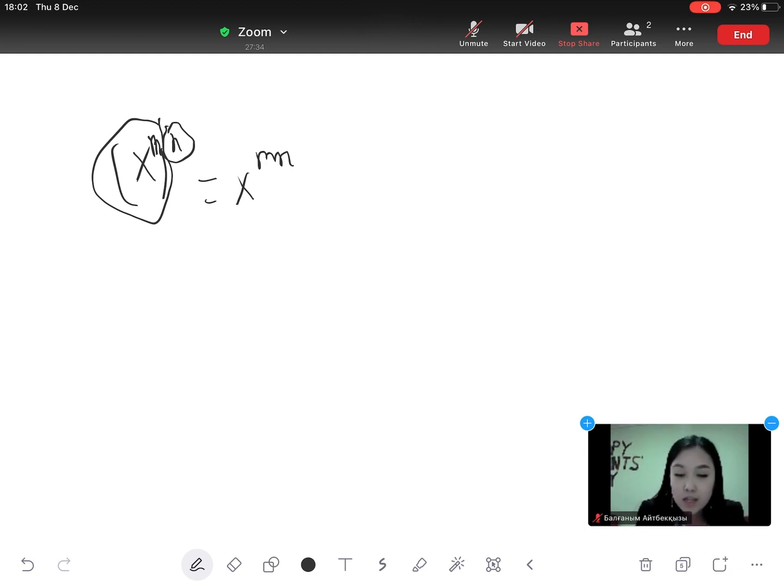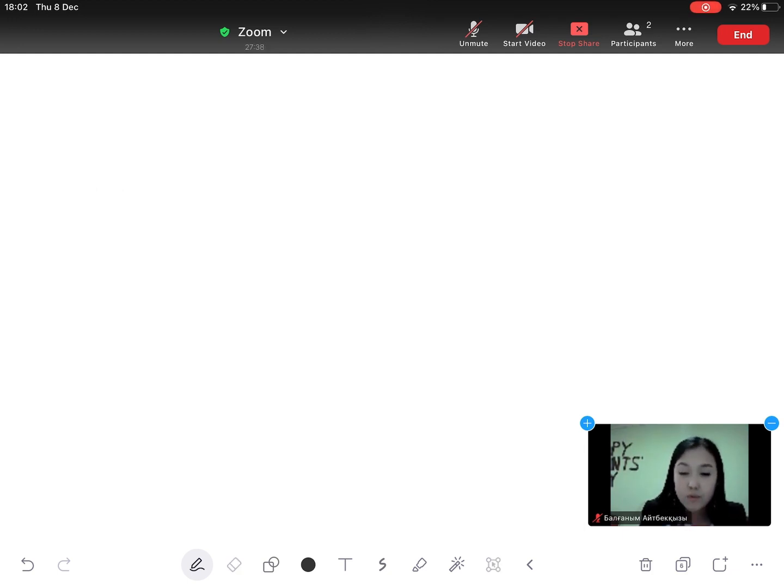Okay, the first law says that if we have the base x with exponent m being multiplied by the same x with exponent n, we can combine them simply by adding the exponents, m plus n.